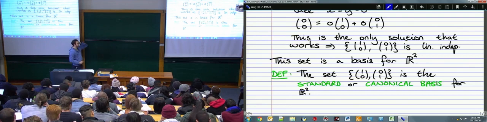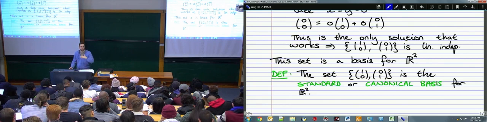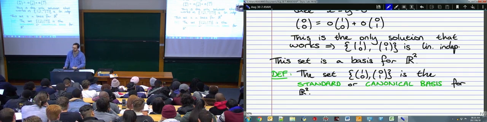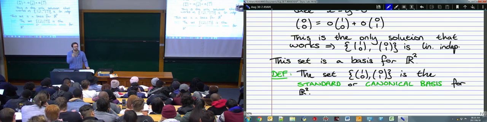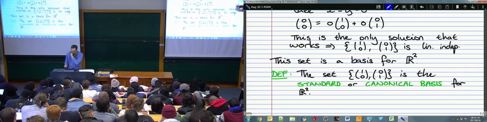We sometimes use the following notation to refer to the vectors in the standard basis. We just use an E with the subscript 1 to represent (1, 0), and an E with the subscript 2 to represent (0, 1).